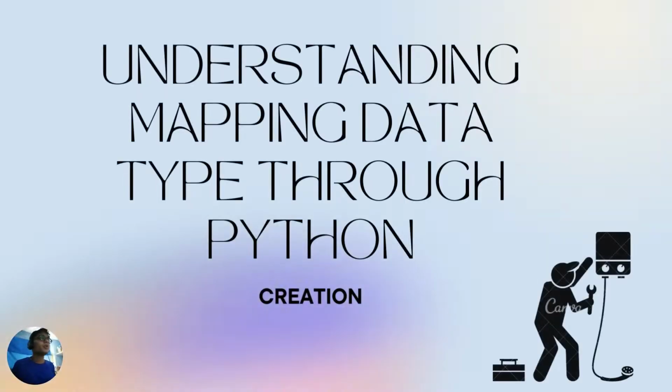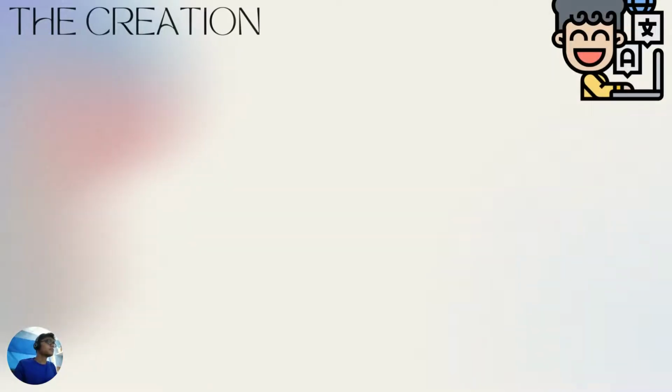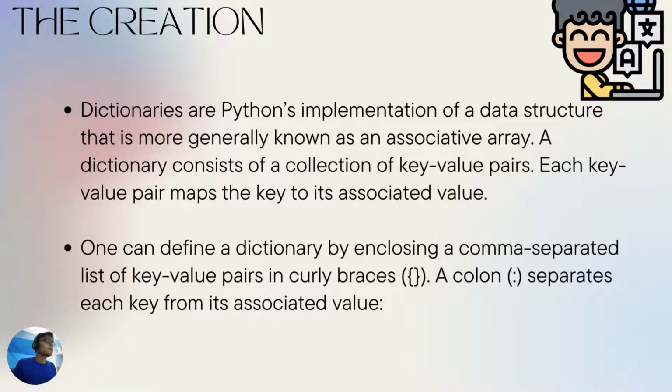So let's go into nitty-gritty creation. How do we create dictionaries in Python? As mapping data type is essentially a definition, let's explore it in the context of Python programming language. Dictionaries are Python's implementation of a data structure that is more generally known as an associative array, or more familiarly known as mapping data type.